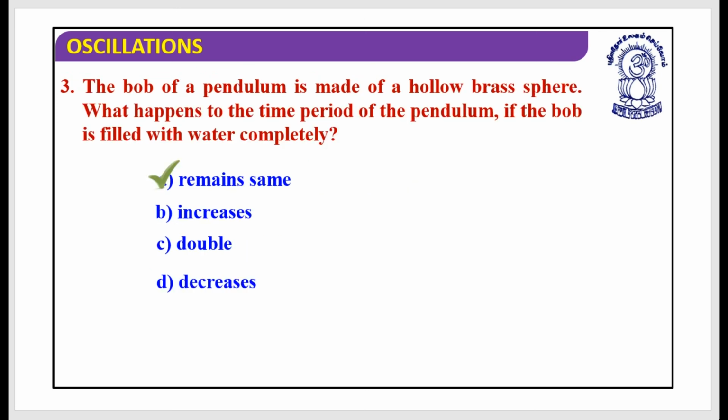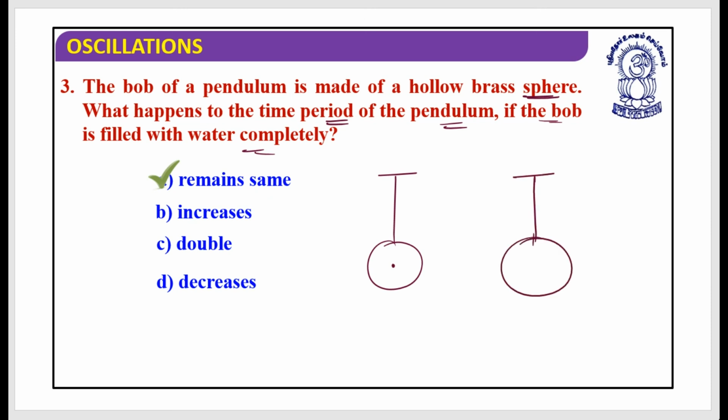Next, the bob of a pendulum is made of a hollow brass sphere. What happens to the time period of the pendulum if the bob is filled with water completely? Let's understand the situation. It is the hollow one, and its center of gravity would be at this point.